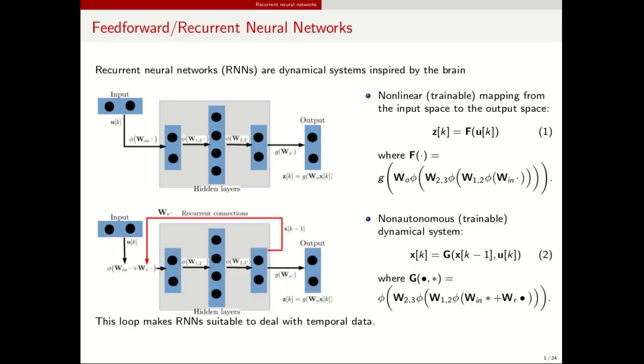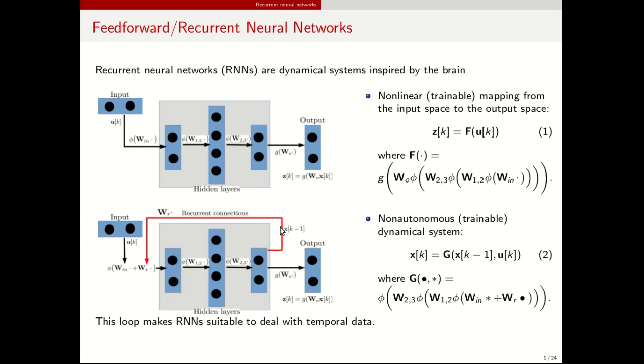But what if we add a recurrent connection from the last hidden layer to the first hidden layer? And that can be done by means of this additional matrix WR representing the recurrent connections.